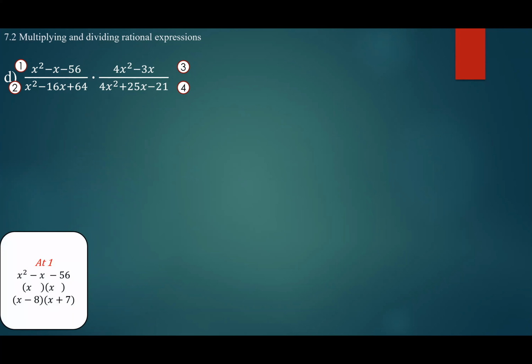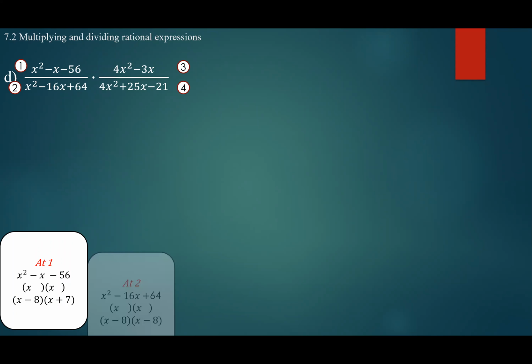To factor 1, we ask ourselves, are there 2 numbers multiplied to give me 56, but subtract to give me 1? So what do I have? I have -8 times 7, because 8 times 7 is 56. 8 minus 7 will give me 1, but because it's minus, the bigger number will get the sign of the middle term, right, at 1.